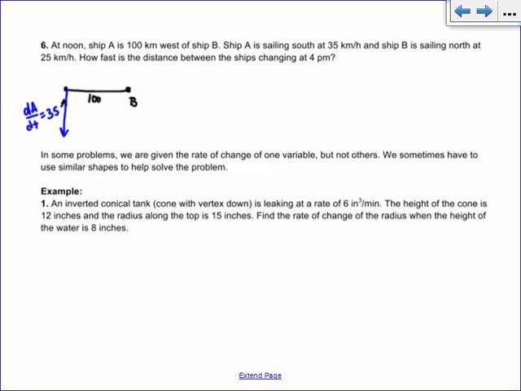And B is sailing north at 25 kilometers per hour. So dB over dt is 25. So how fast is the distance between the two ships changing at 4 p.m.? So what we're trying to find is this line right here. How fast that line is getting bigger at 4 o'clock. Okay, this is a complicated question.